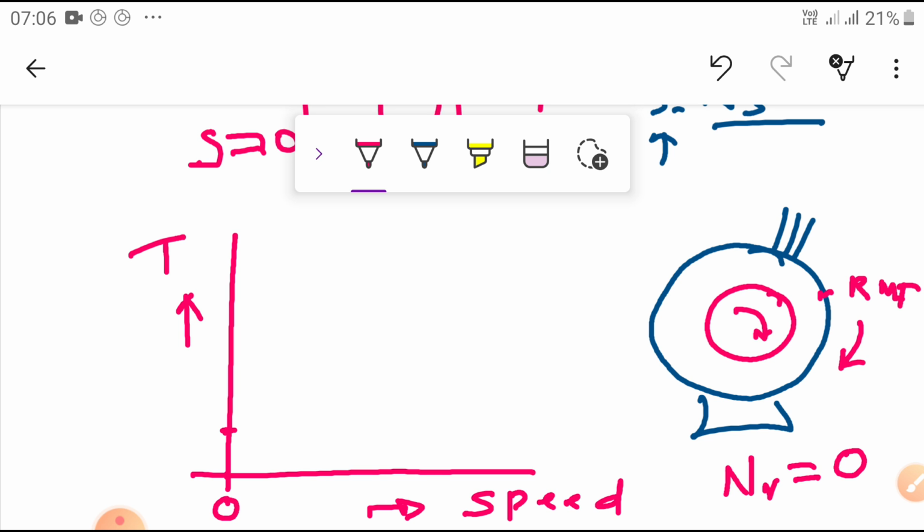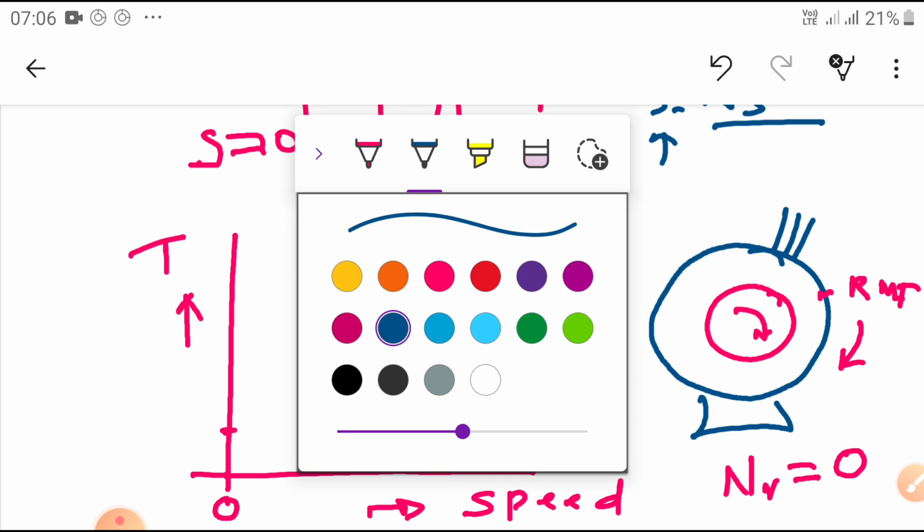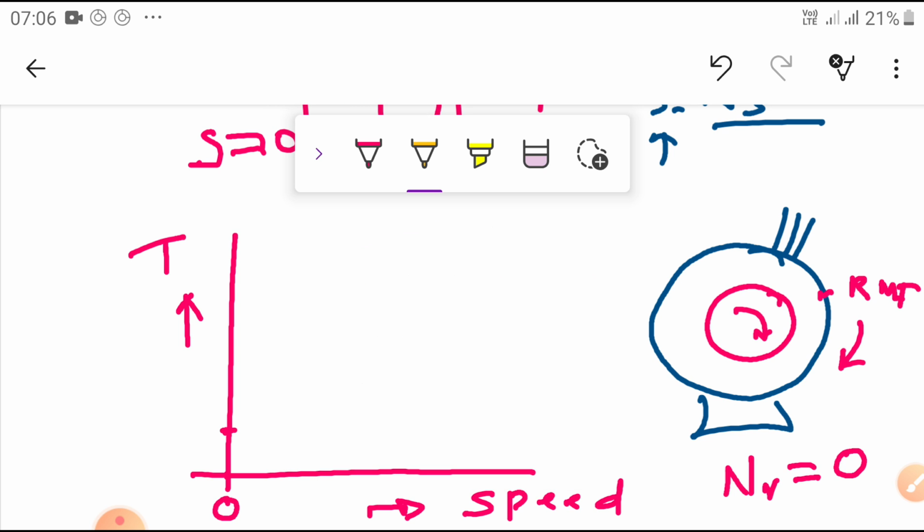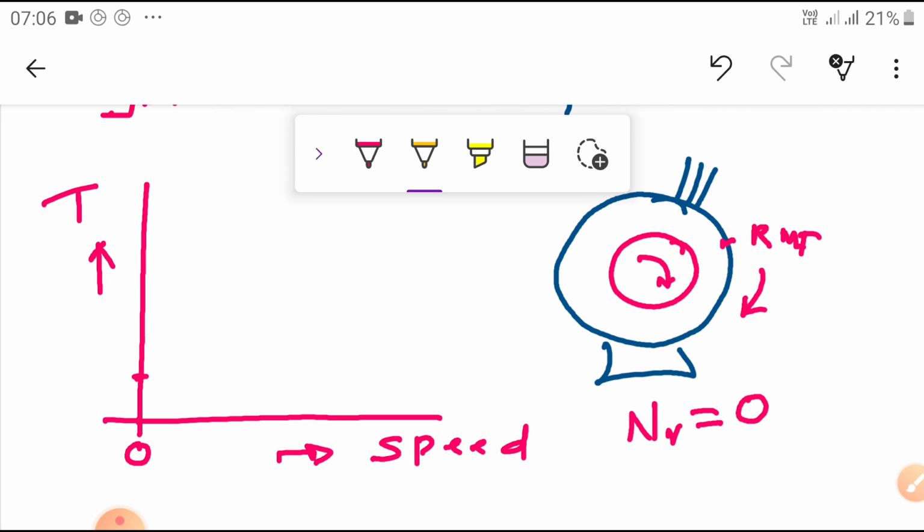Now, after some torque is developed, the equation we have already seen. Initially nr is equal to 0, and the slip is equal to 1, maximum.